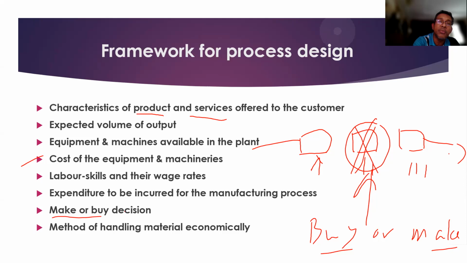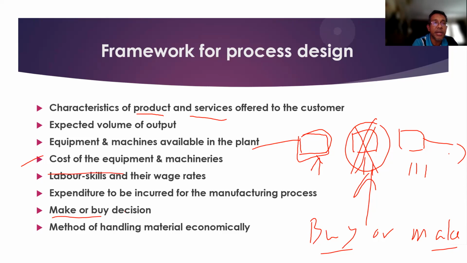Or we have an existing machine, but we need a special tool for that particular machine, so we also need to consider that tool as a cost. Still remember, there is the fixed cost and then the variable cost. The fixed cost and variable cost give much influence inside the process design.